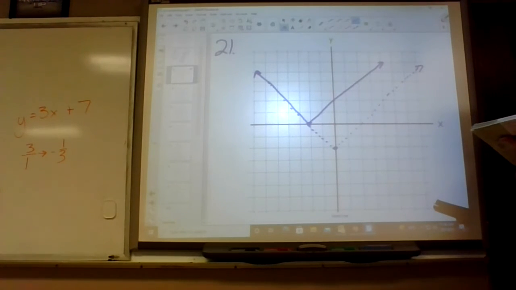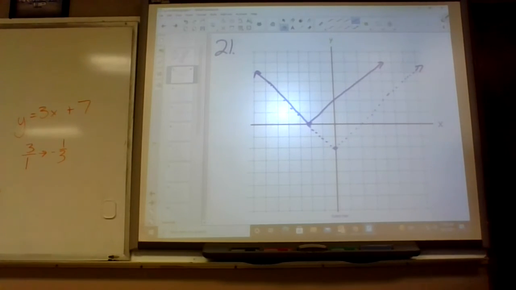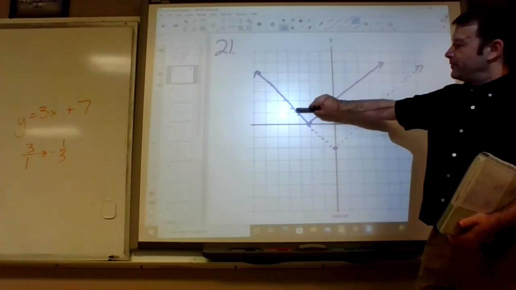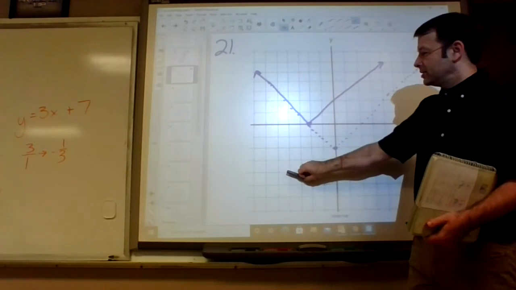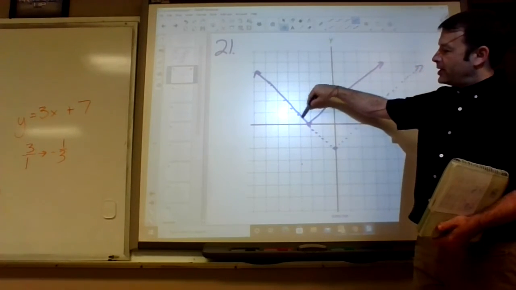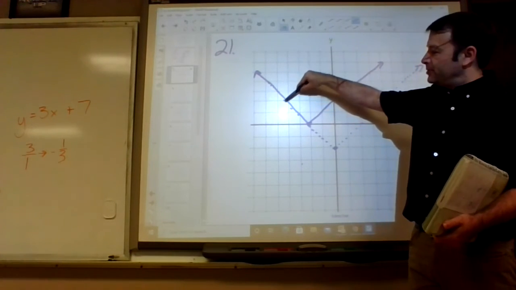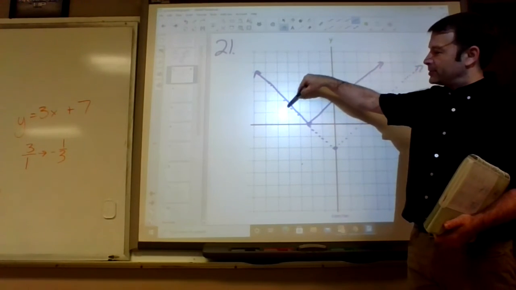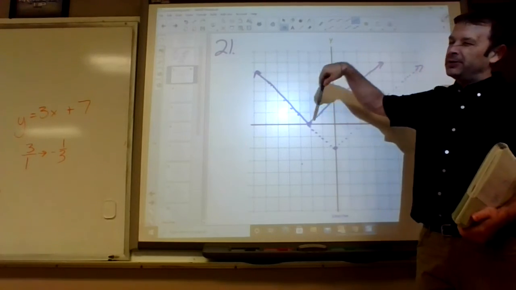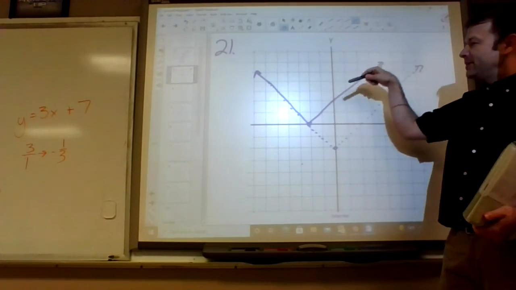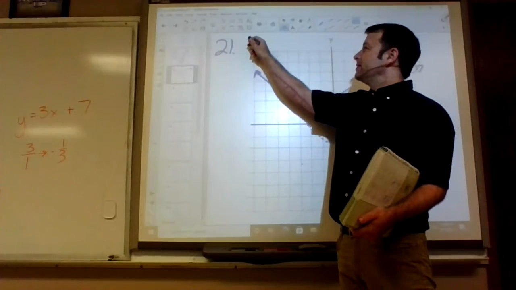Alright, no solution. Where is it above this one and below this one? Nowhere. Why is the line not included? It almost was included. The line is not included because this line was dotted. That means it wasn't included. Anyway, they have nothing in common. No solution.